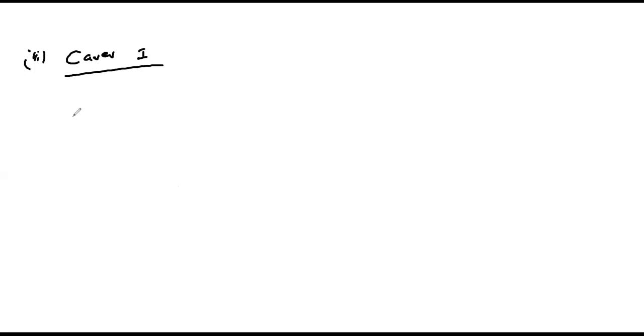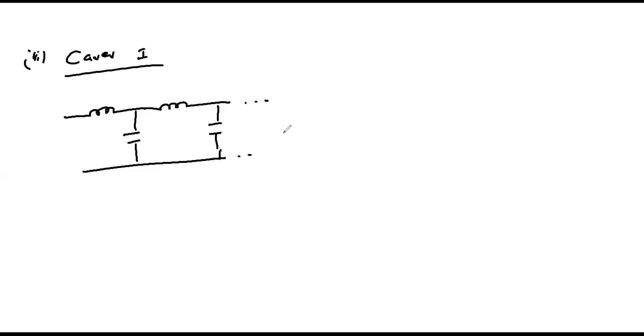Now, a Cauer network is basically a ladder network where we have series and parallel combinations alternating each other. So you can have an inductor in series, a capacitor in parallel, inductor in series, capacitor in parallel, like that. And this forms a Cauer network, or what we would call a ladder network.